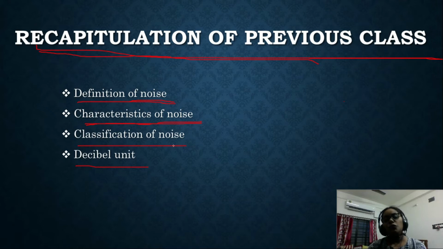Now, transport noise is of three types. First of all, we have the road traffic noise. That means the noise to which we are exposed on the road in our surroundings is called road traffic noise. Next, air traffic noise.